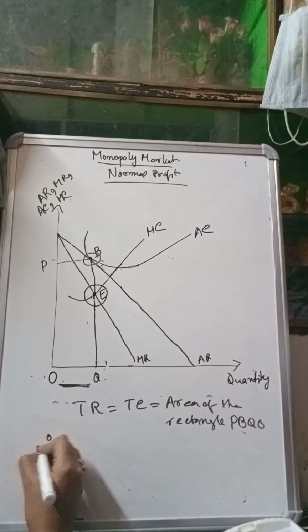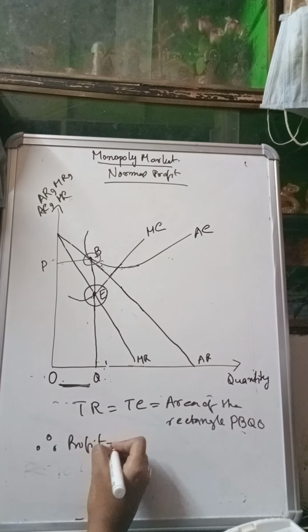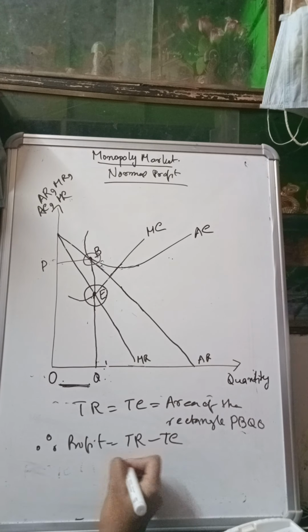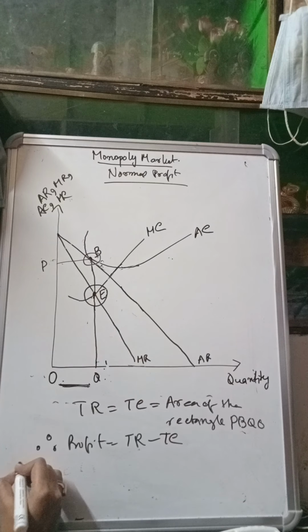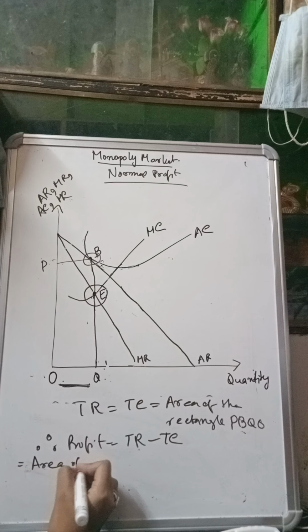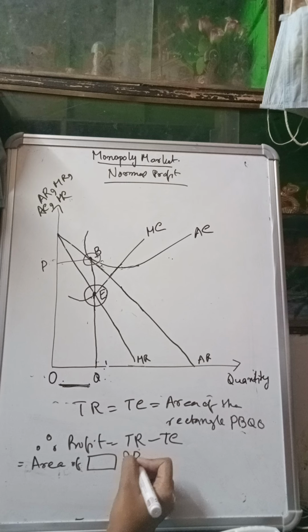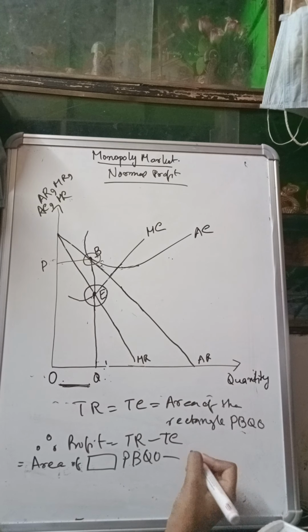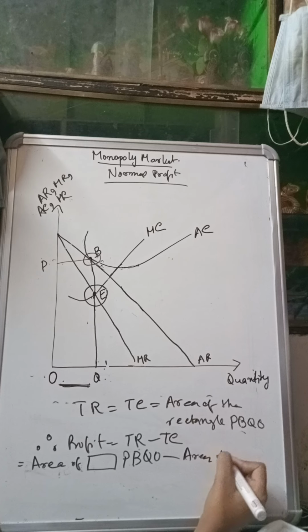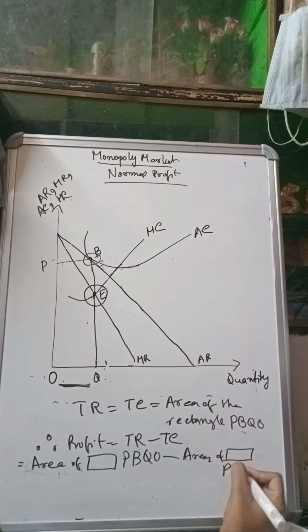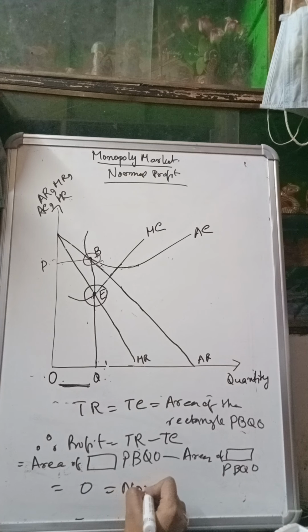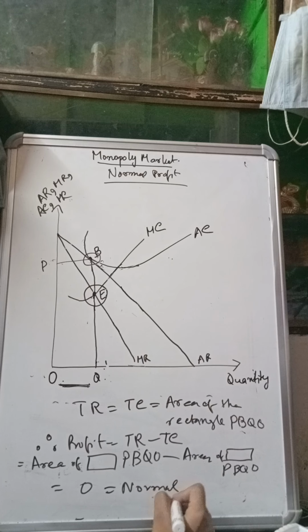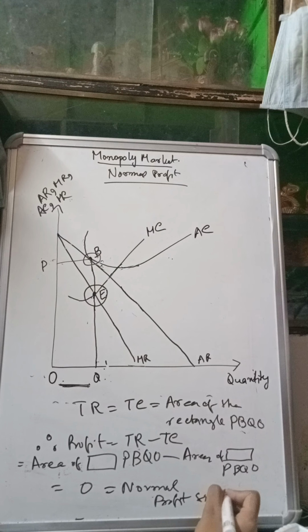So obviously profit equals TR minus TC, which equals area of rectangle PBQO minus area of rectangle PBQO, which equals nothing but 0, which represents a normal profit situation, right? So this is the case for normal profit.